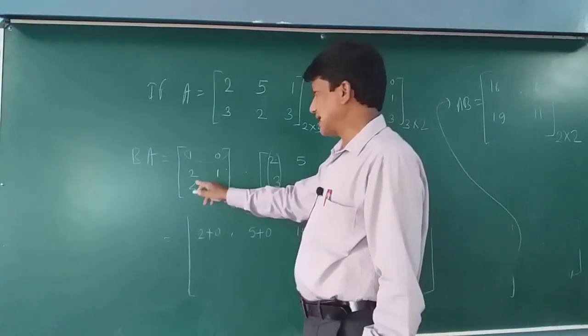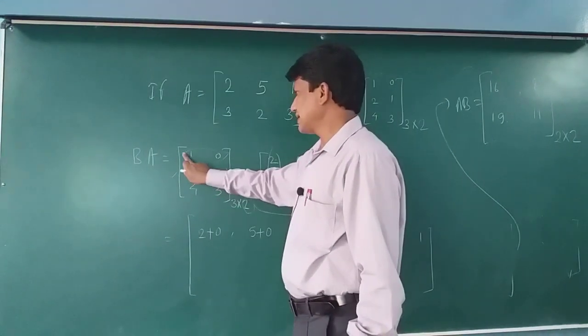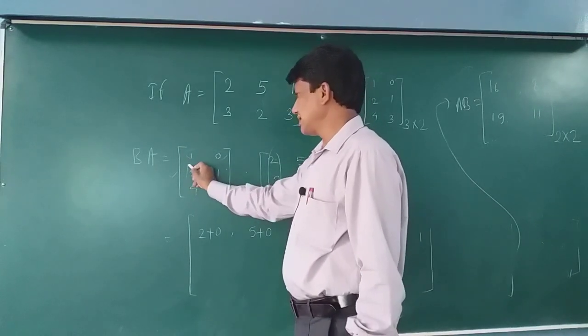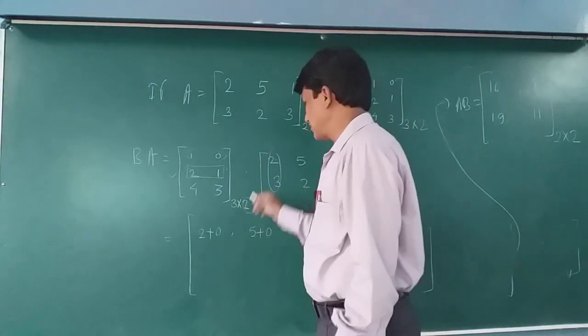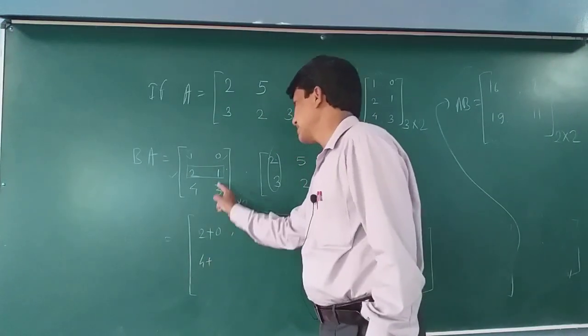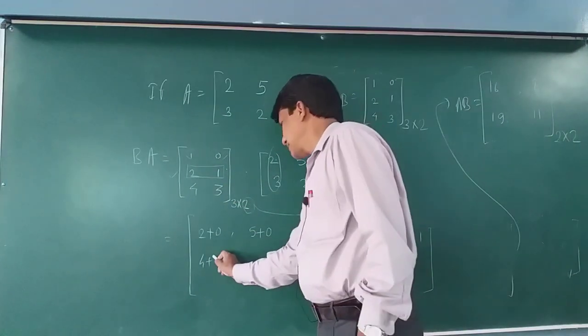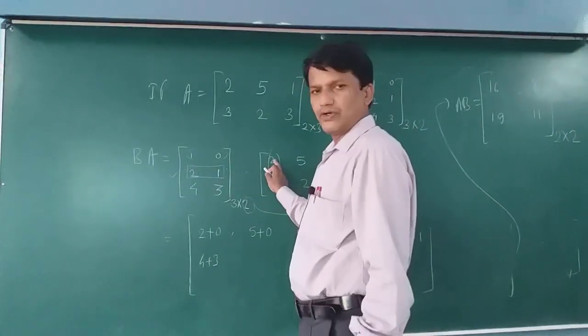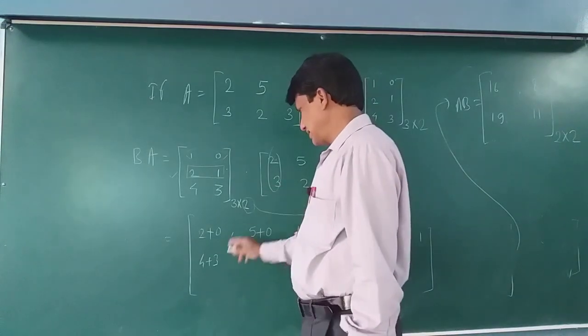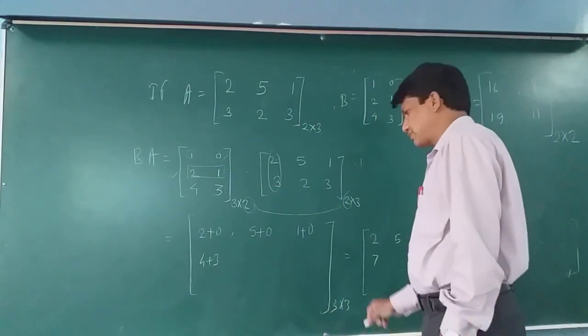Let us discuss now the second one. What is our second one? This is the second row. Multiply the second row with the first column. 2 multiplied by 2, 4 plus 1 multiplied by 3. What is the answer? 4 plus 3, the answer is 7. This is our second position.